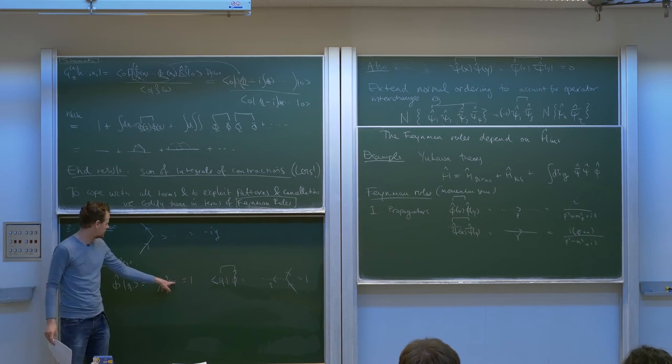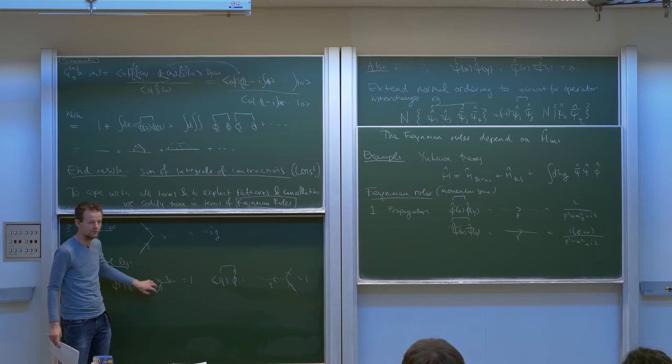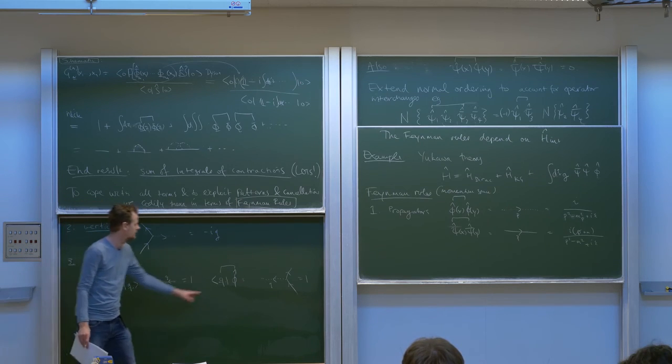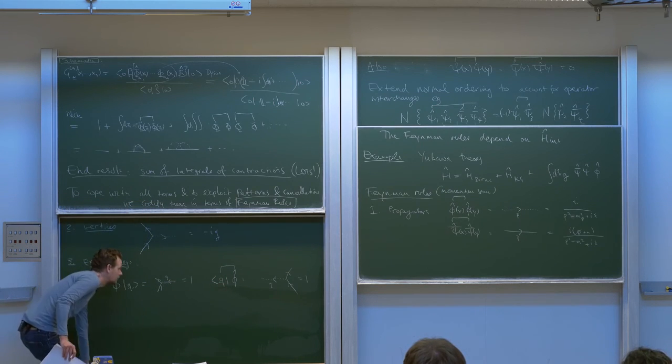So if you have an external boson coming in, and it's contracted against some fermion field operators, you associate the number 1. Similarly for the bra version.